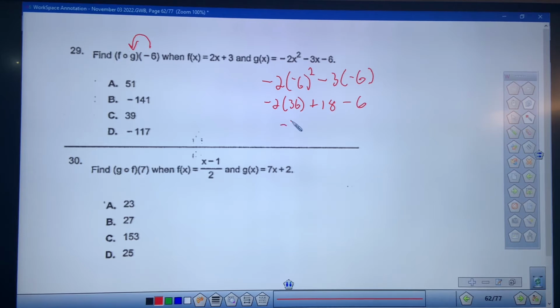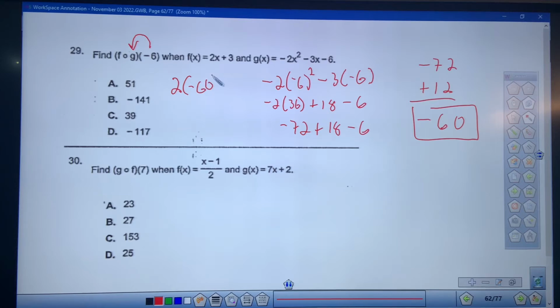So that would be negative 72 plus 18 minus 6. 18 minus 6 would be 12. So negative 72 plus 12. Let's see what that would be. Negative 60. Now I have to take negative 60 and plug that in here. So 2 times negative 60 plus 3. Negative 120 plus 3 would be negative 117.